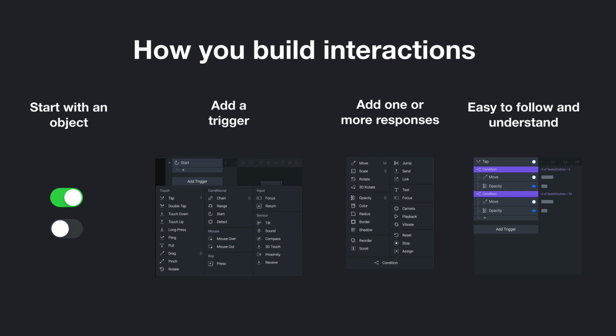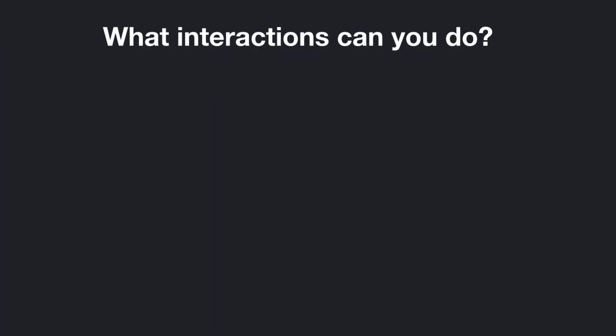It's going to move the circle, and it's going to change the opacity of a layer to give you that feeling that the color's changed. So this is a very rudimentary, very basic flow of how you would add an interaction. So what interactions can you actually do? What can you achieve?